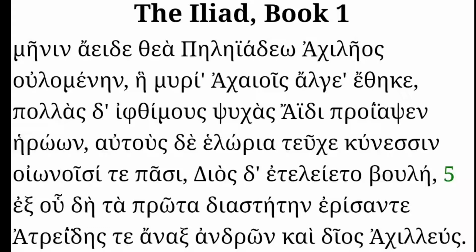Oiônoisi te pasi, Dios d' eteleieto boulê, and for many birds. So made the heroes, made them spoils for dogs and many birds. Dios d' eteleieto boulê, and so the de gives us the ability to continue with the sentence while at the same time kind of cheating in the sense that if you didn't have the de, you could begin a new sentence with these words if you wished to.